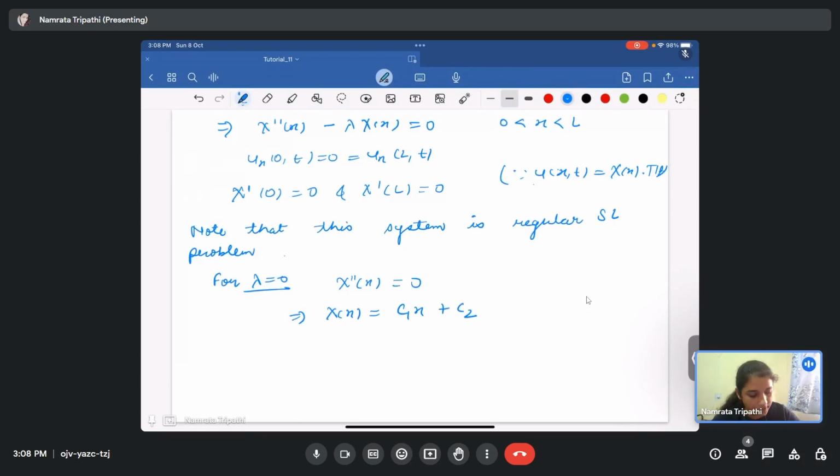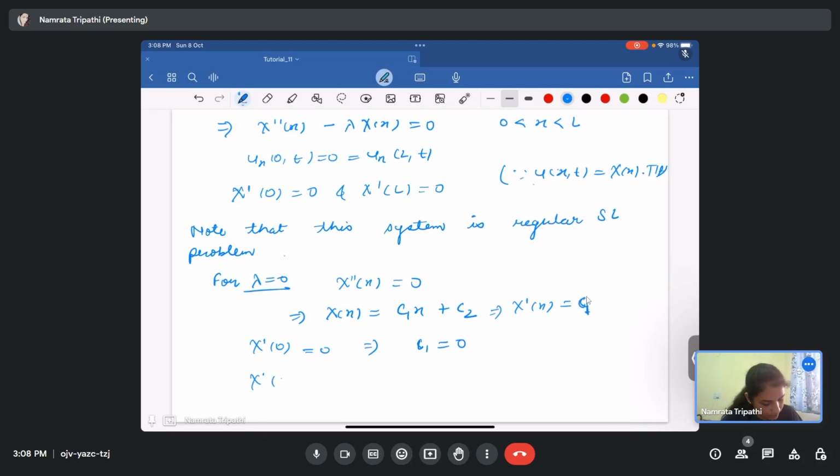Fine. After applying the boundary condition, first one, then you will get c1 is 0, because X dash will be c1. Then you will get c1 is 0.